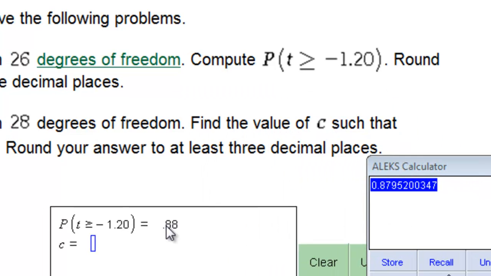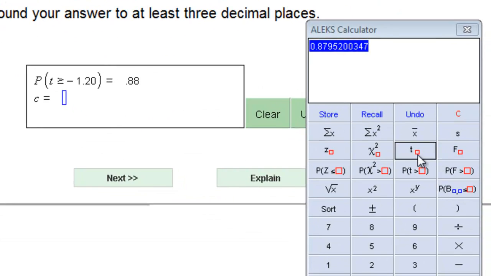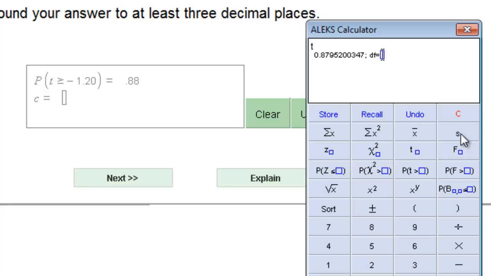And now this one, they want C such that it's cutting off 99% of the population. Well, it's cutting off 99% in the center. It leaves 1% split equally, or 0.5% on either tail. So the upper tail, the right tail, will be 0.005 because it's 0.5%.